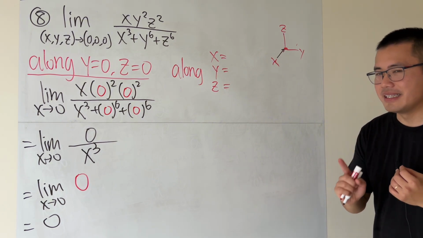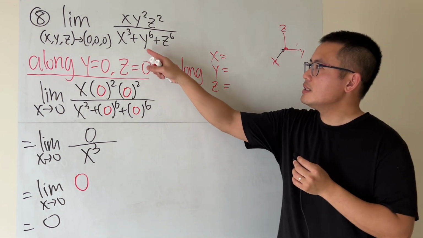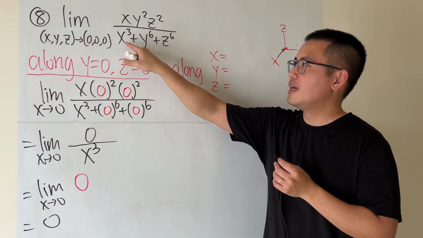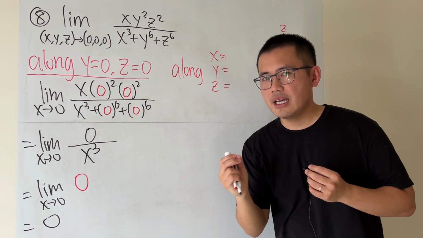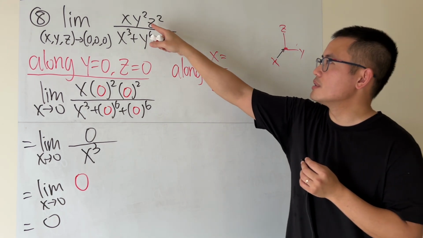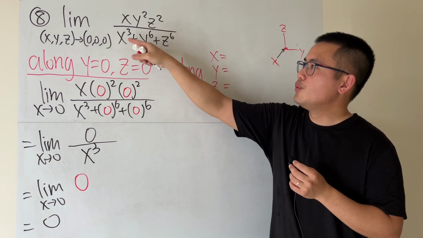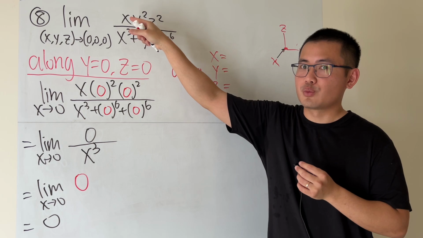Here is the idea that we saw earlier in the previous examples. Notice that here we have y to the 6, z to the 6, but this is x to the 3rd. Let's try to get the same exponent. And also notice y squared, y squared. So if you add the exponents, that's 4. If you imagine that we have some squares right here, that will be the 6th power as well.